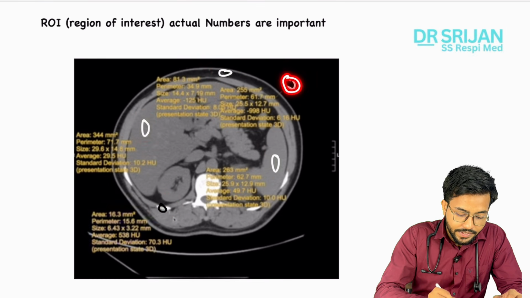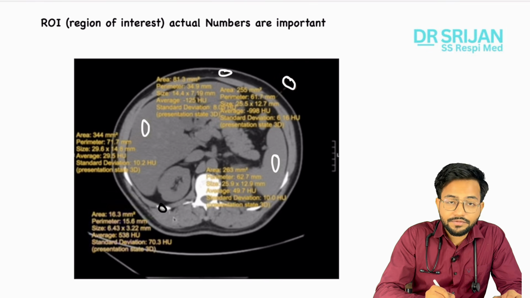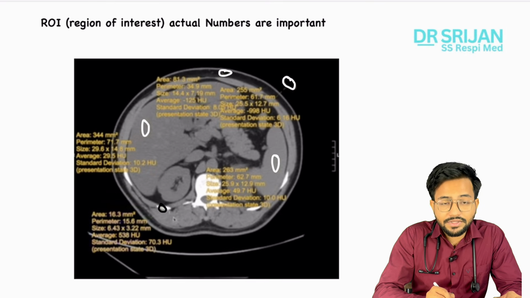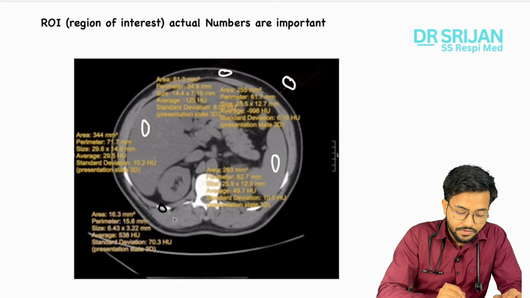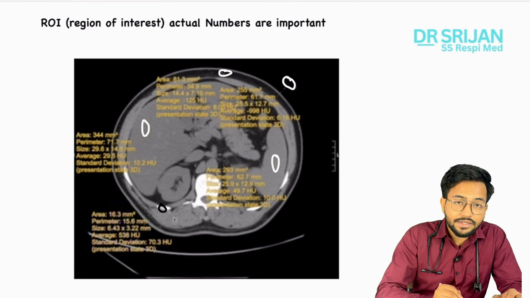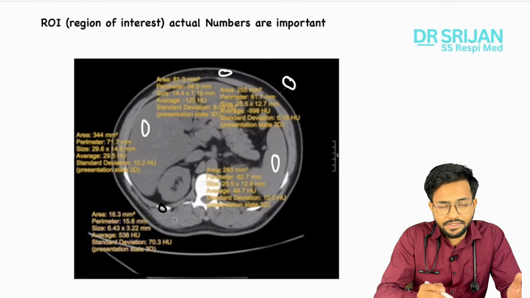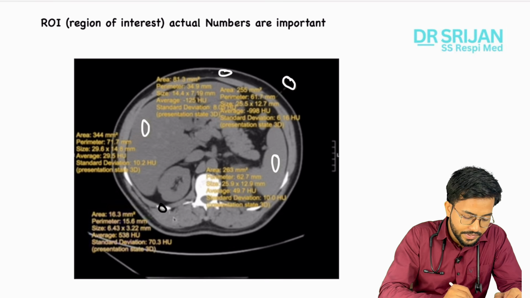Once I've marked over here, it is showing -998 Hounsfield unit, which is approximately -1000, as I've marked in the air. Second, I marked a fatty structure. It's around -125 Hounsfield unit. Fat is around -100, as I said.